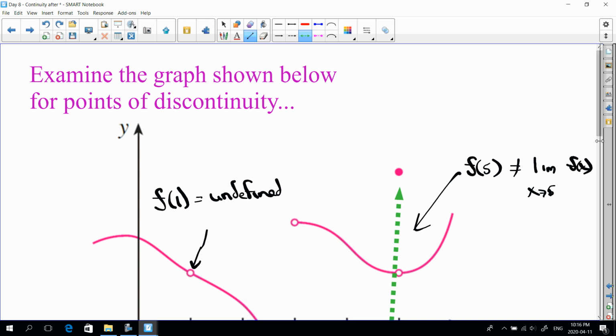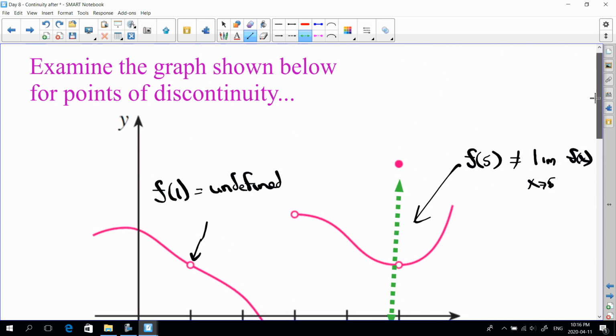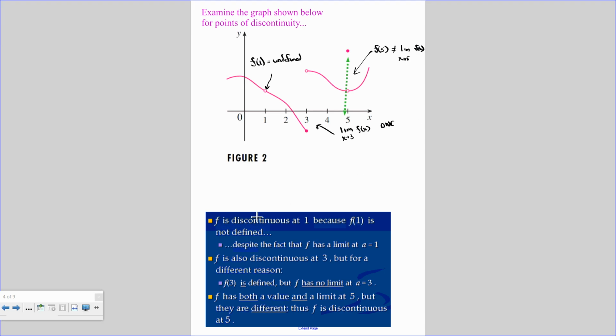Undefined, no limit, and the defined height does not actually equal the limit. If I go full screen on this, you can pause it, and there's a formal definition of why it's discontinuous at 1, discontinuous at 3, and discontinuous at 5. So you can pause the video to read that.